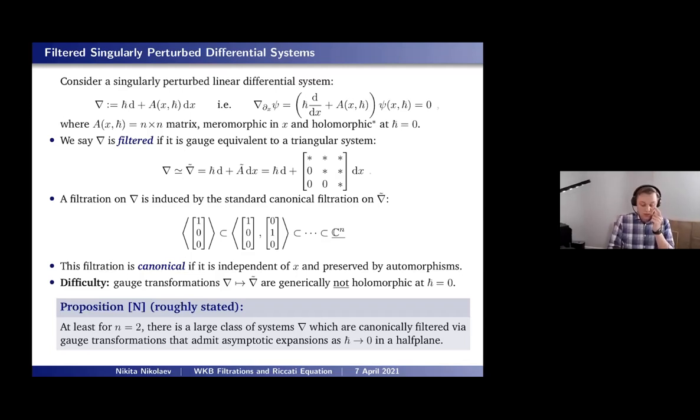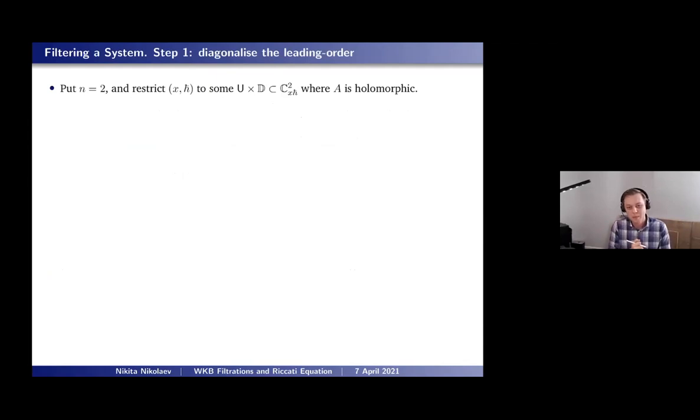Okay, I basically want to more or less give you the essence of the proof of this proposition, and in doing so, also make things more precise as I go along, and define what I mean by the large class of systems, etc. So the first step is to go all the way to the singular fiber at H bar equal to 0, look at the algebraic object there, and diagonalize that.